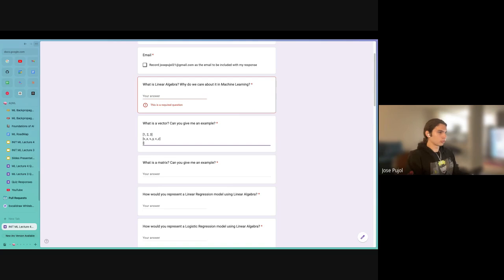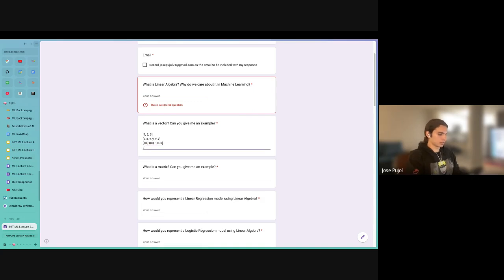Now, the reason we use it in machine learning is because it allows us to represent our data points. If we look at our data points as points in this however many dimensional space, let's say 3D space, you could have 10, 100, 1000, and let's say that's some house price or whatever. You can say, okay, this is feature 1, feature 2, and feature 3.